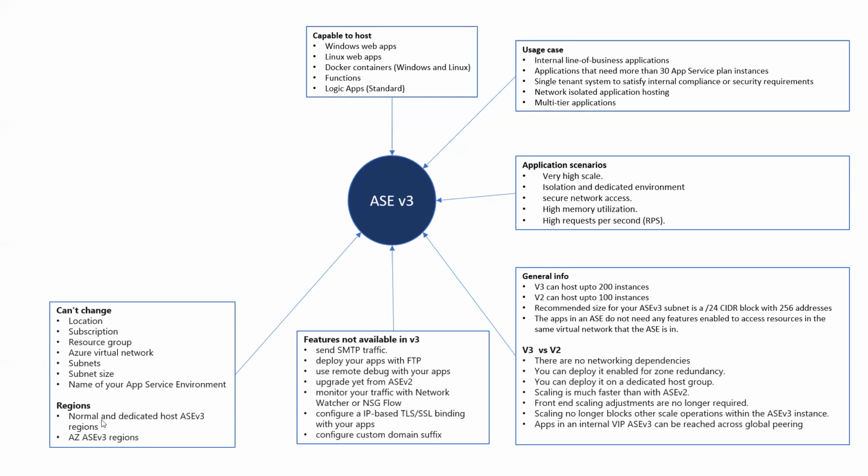The other point to note is that normal app service environments are available in pretty much most Azure regions, but app service environments which support availability zones are available only in a few regions, not every region.